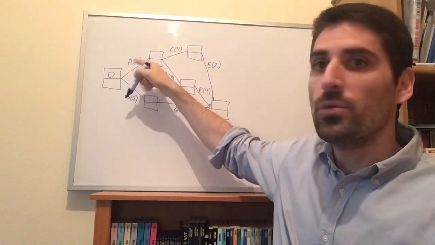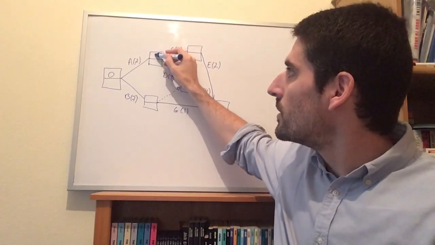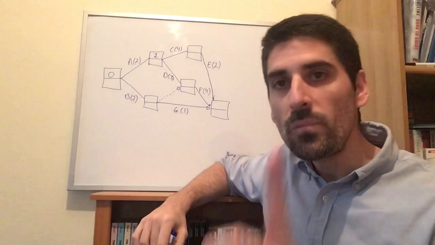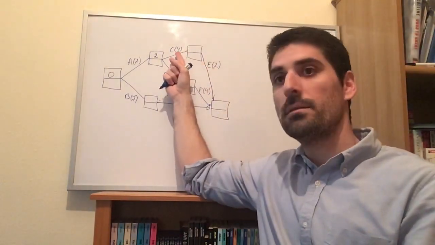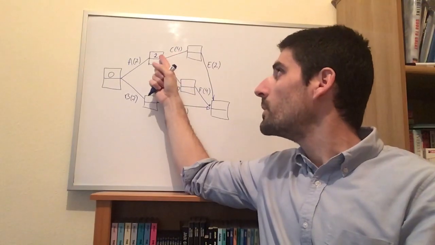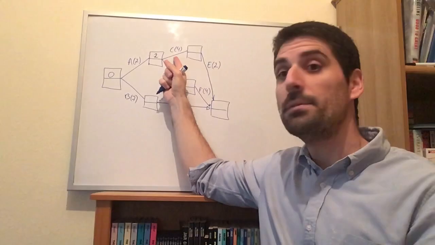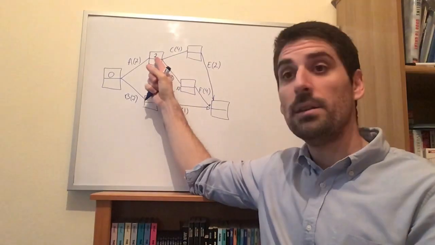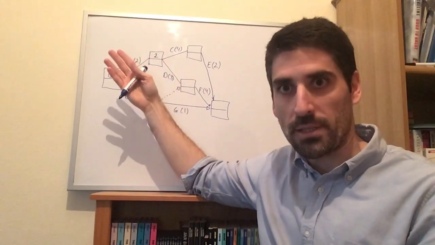And it takes 2 hours or 2 days or 2 minutes or 2 million to complete, so that's why I have a 2 here. Now what this means is that the earliest that activity C can begin is 2 hours or 2 days or 2 weeks into the project.